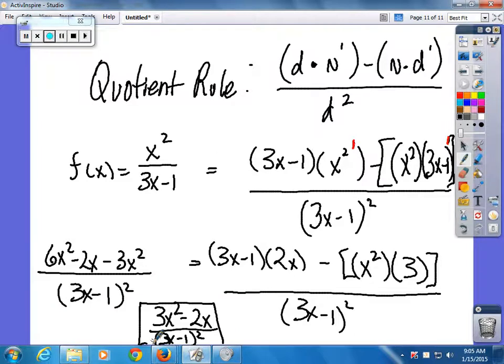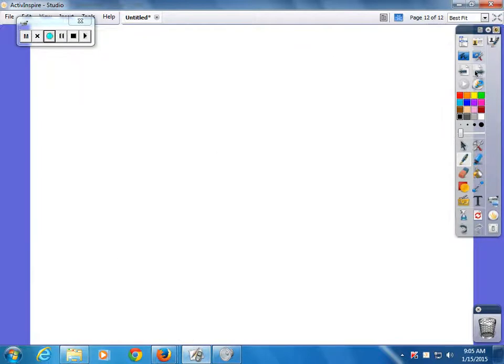And the last one, of course, is the chain rule. Now, the chain rule, I just write it out.